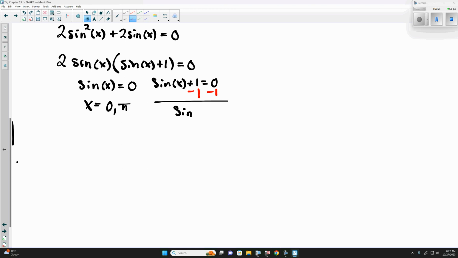We need to get sine of x first to be able to find the angle. And sine of x equals -1, going straight down, at 3 pi over 2. So again, we have 3 values, and we need to check them.